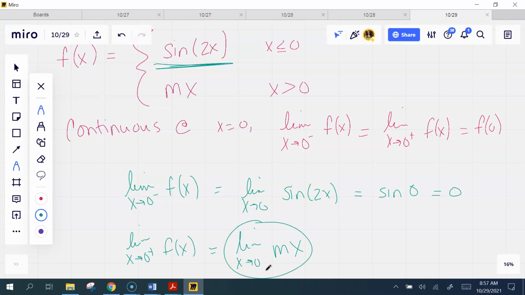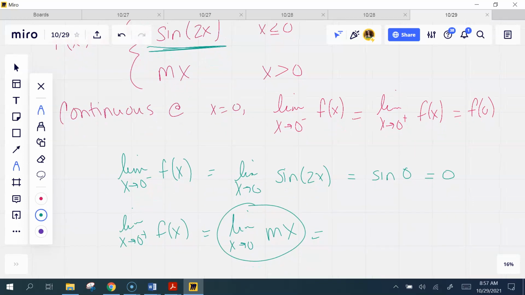And when I'm talking about left and right, I'm talking about this particular function. It's just limits. We're going to talk about differentiability also. All right, so the limit as x goes to 0, again I can use substitution. So it'll just be 0, and that is what we were looking for.